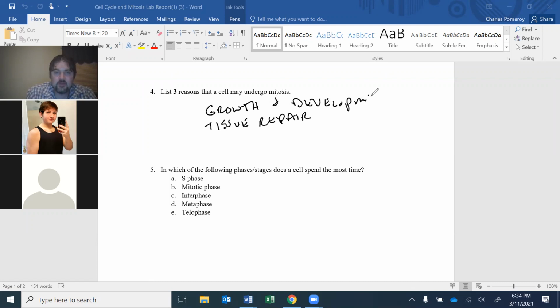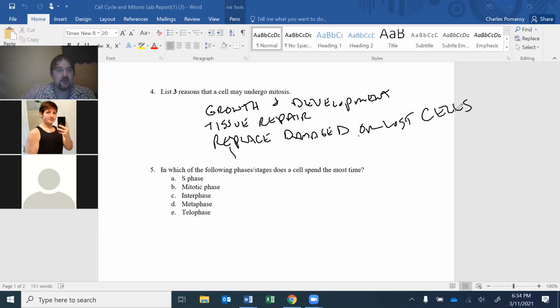During growth and development, tissue repair, to replace damaged or lost cells, to replace cells that need to be replaced. So that's 3 of the main reasons: growth and development, tissue repair, and to replace damaged or lost cells.